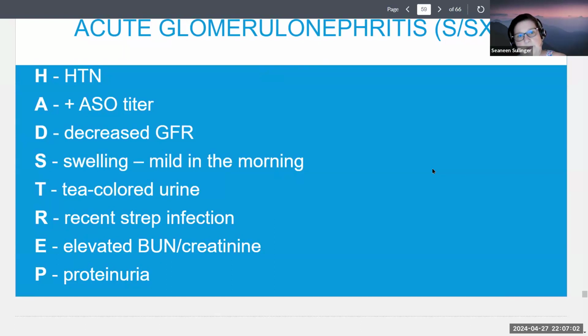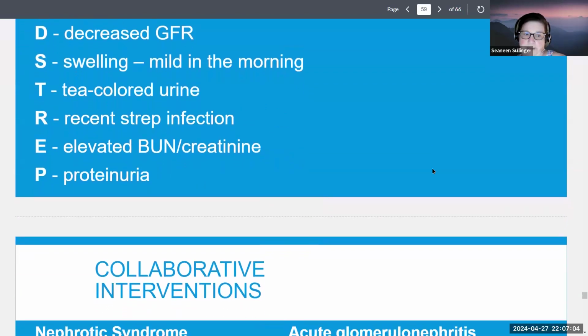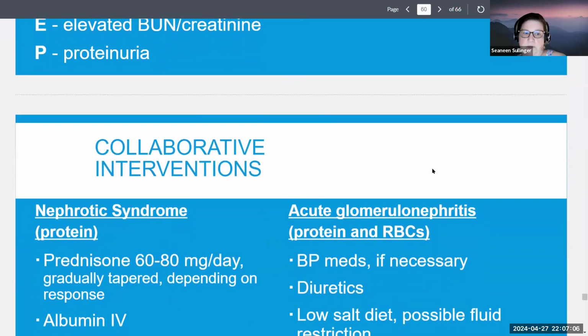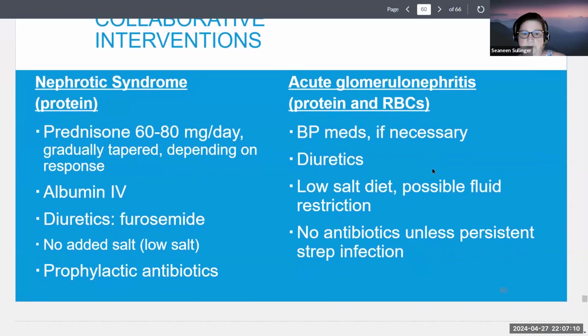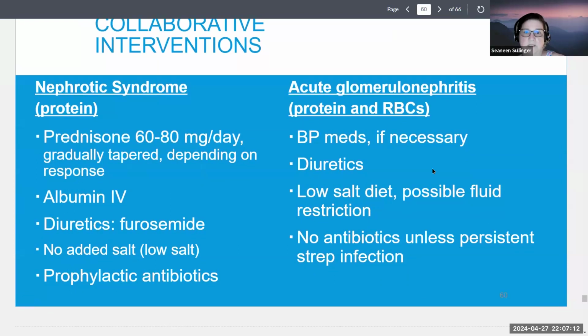It's just more of a mild proteinuria in the glomerulonephritis. Comparing and contrasting both, in the acute glomerulonephritis, protein and RBCs are lost, whereas in the nephrotic, it's mostly just the extreme amounts of protein in the urine.